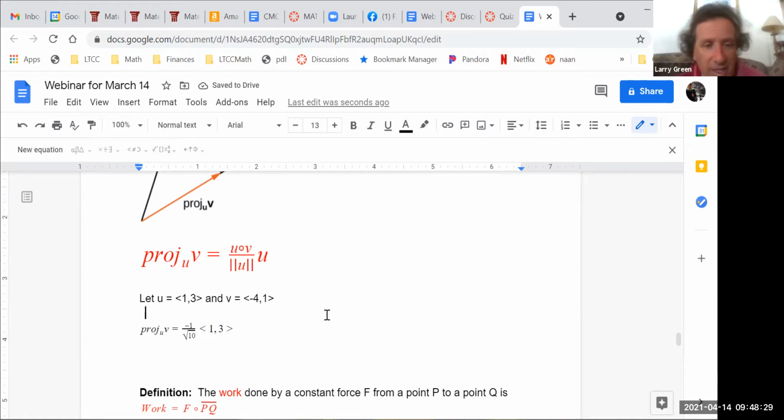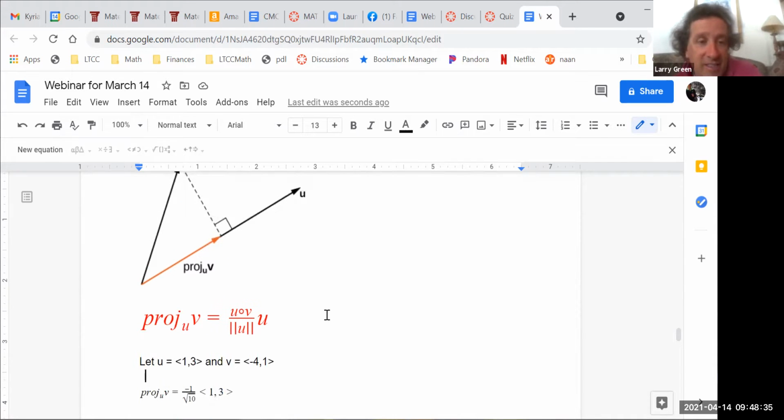Any questions on these calculations? Okay, so notice the projection's a vector, and the magnitude turns out to be a whole different issue, no problem. Any questions on that?